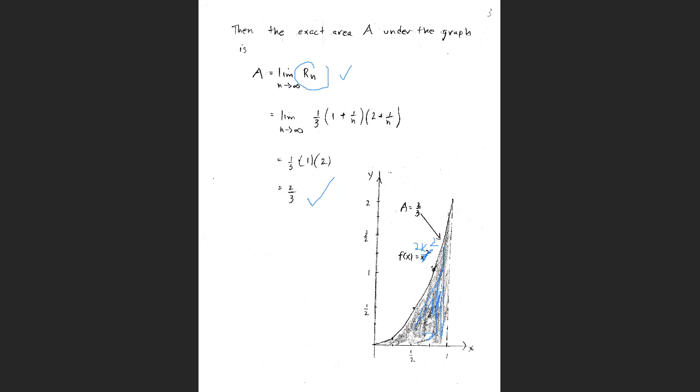Would the area then be cut in half? Yes, it would. Excellent. The area under the function f of x equals x squared from 0 to 1 is equal to 1/3. That's exactly right, and that's what they confirm in the book in example 2. So all this shaded area here is equal to 2/3.